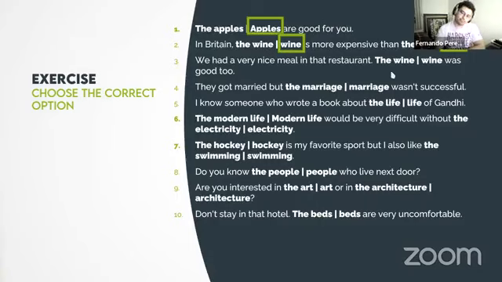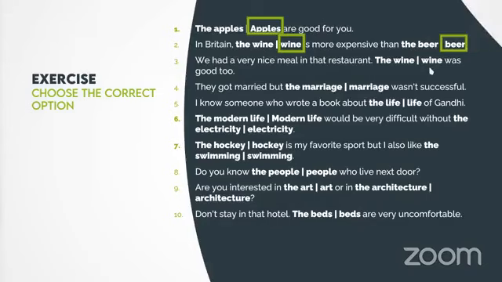Go, Laurita, number 3. We had a very nice meal in that restaurant. The wine was good too. The correct one is wine, only wine. Okay. Why?